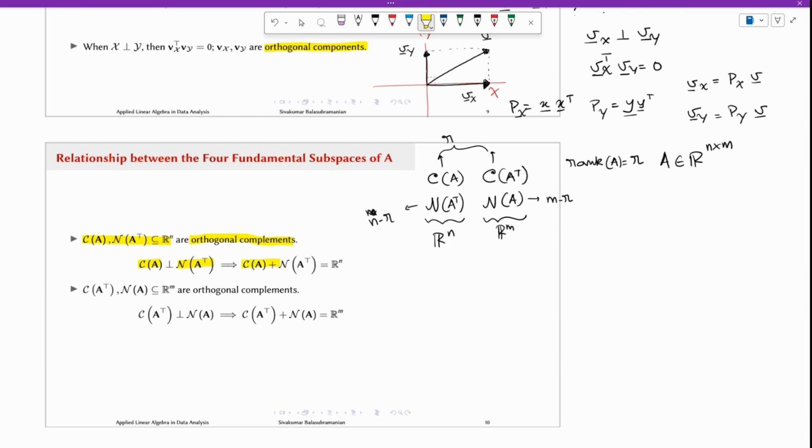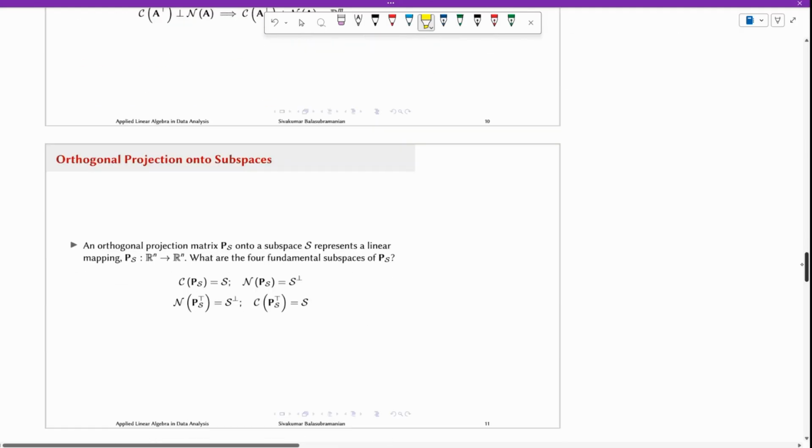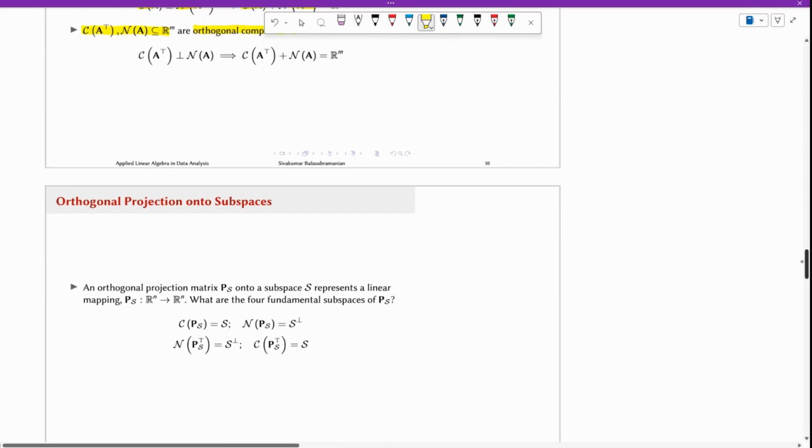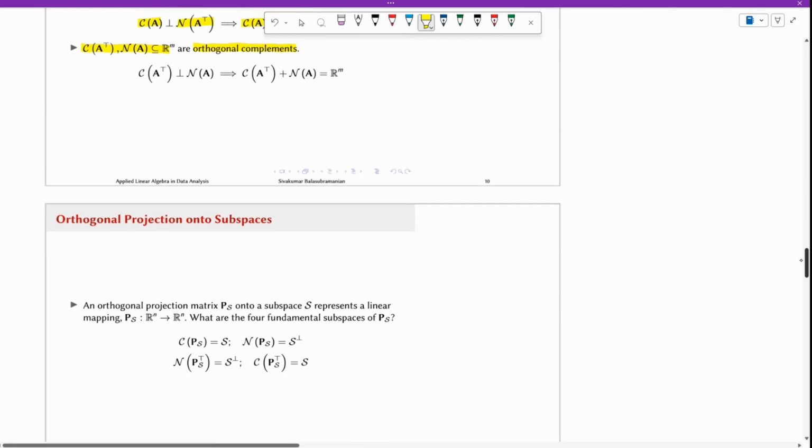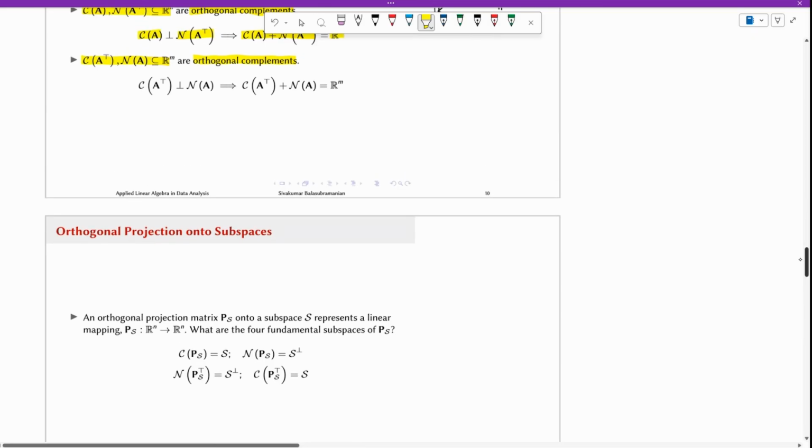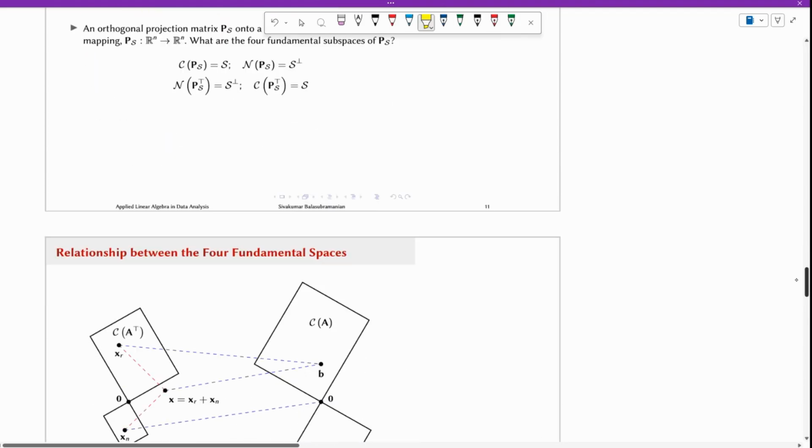And if you add the two subspaces together, you get the original space. Similarly, the row space and the null space are orthogonal complements. I'm going to skip this for now.